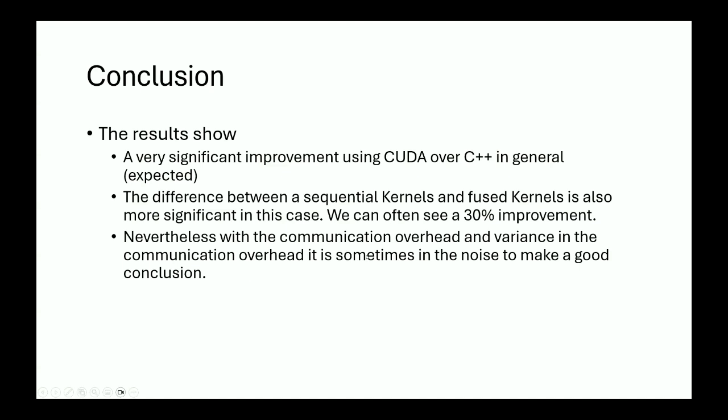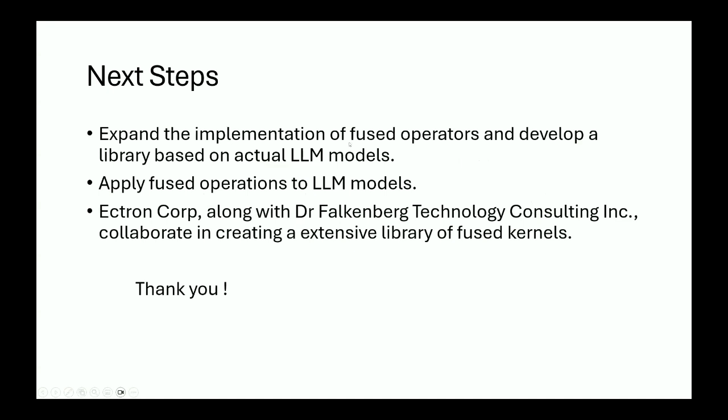So maybe there are more measurements and better ways to measure it to make a better conclusion. This is showing a general trend on how to do it, but in the future we may need to do more measurements.